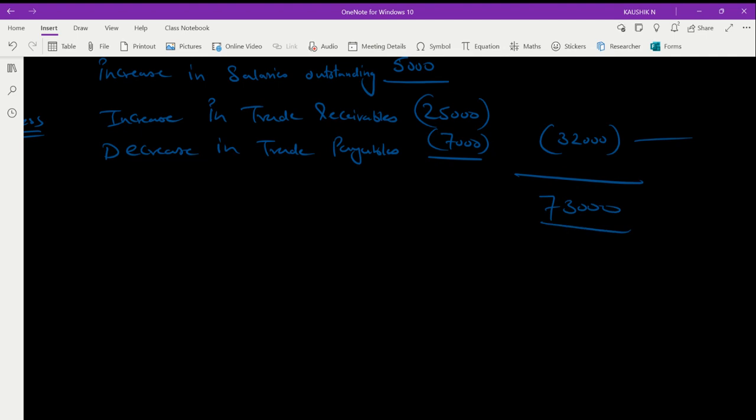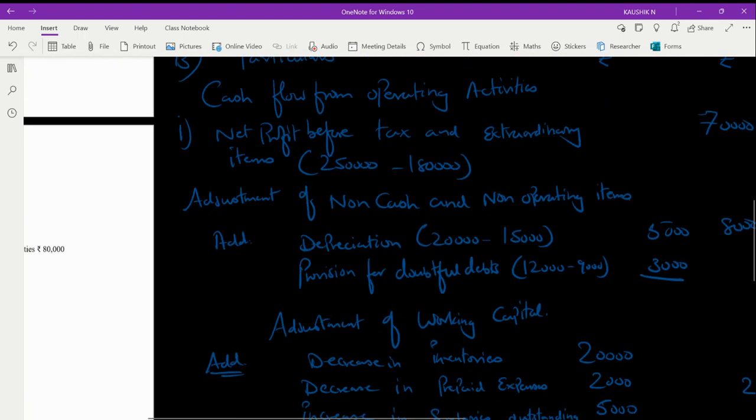Net cash inflow from operating activities. This you'll record as net cash inflow from what activity? Operating activities.